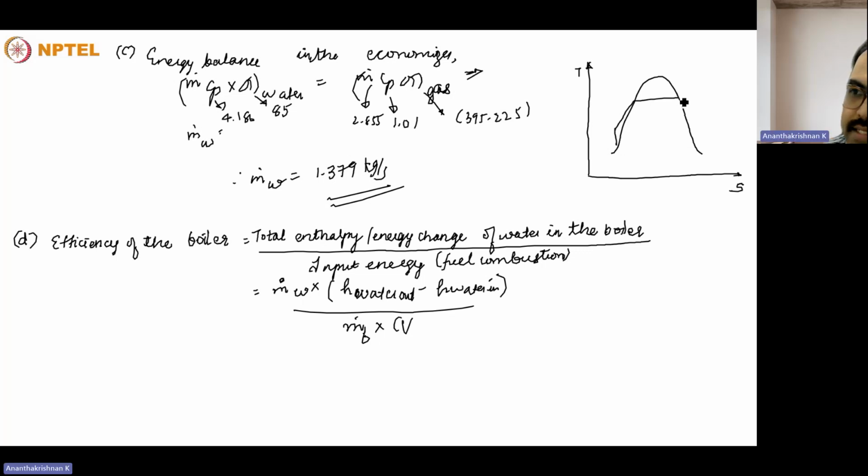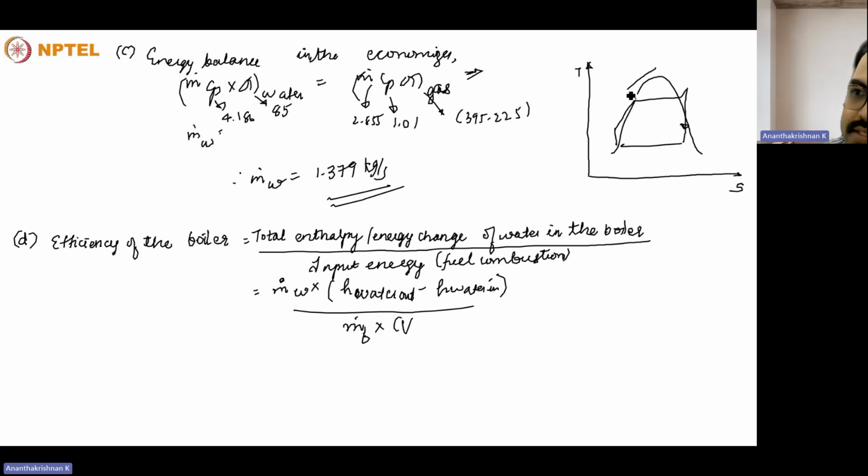this will be the Rankine cycle. So the boiling happens like this. It makes use of preheated water in the economizer, and it makes use of the enthalpy possessed by the flue gases.